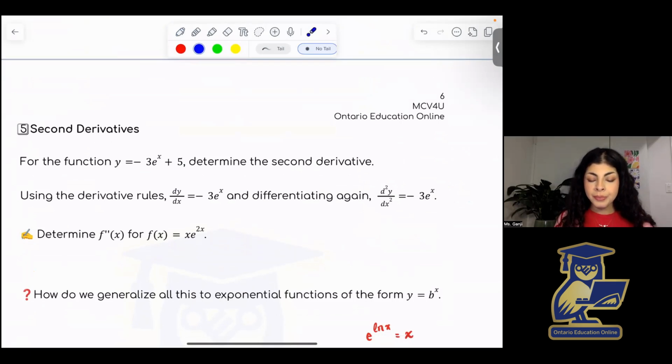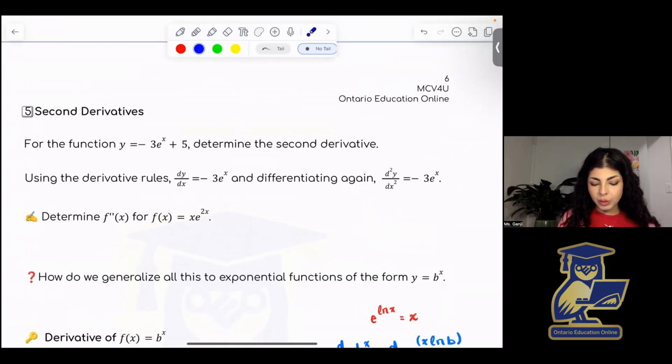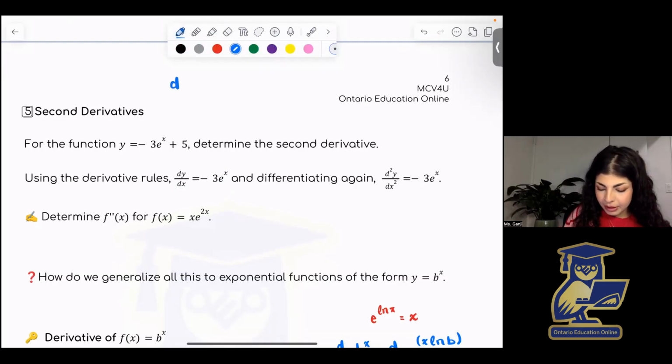the second derivative. So using our derivative rules, we know that this will be our resultant derivative. The reason for that is, let me write it here for us, we can factor out that negative 3 because it's a constant.